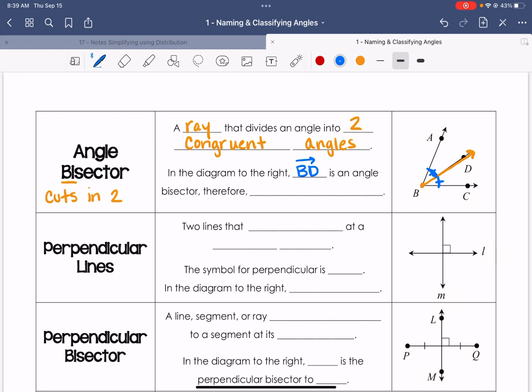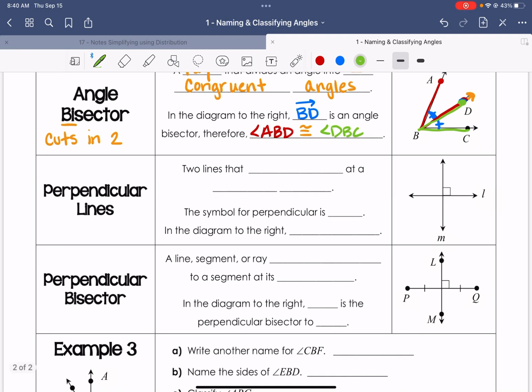Therefore, because we know it's an angle bisector, we can say angle ABD is congruent to, that means same size, same shape, to angle DBC. Okay, and you could have said angle DBA is congruent to CBD if you really wanted to. It doesn't matter. All right.